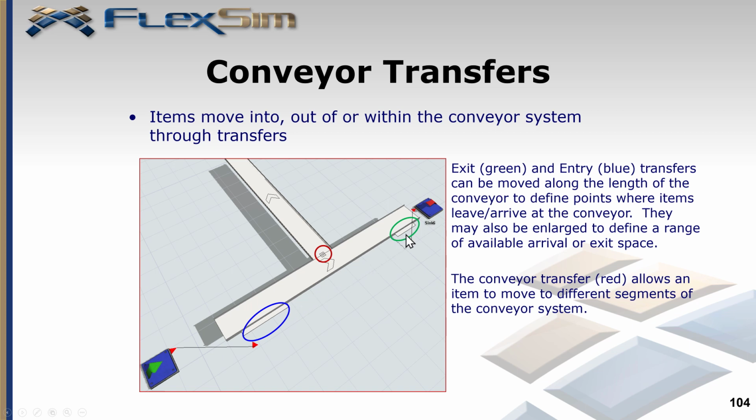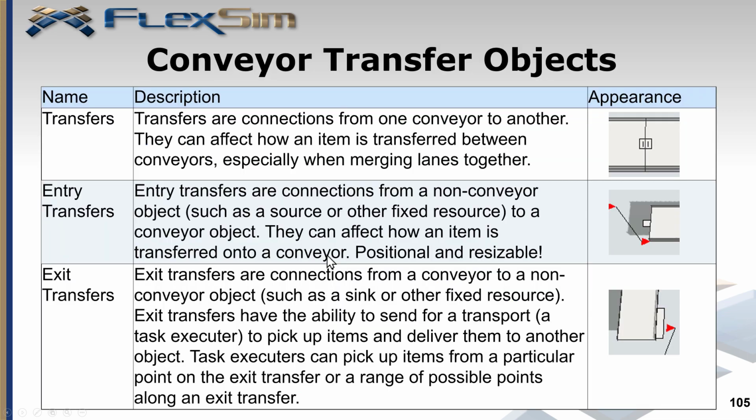And here is an exit transfer, and this is what the conveyor to conveyor transfers look like. So, these are the 3 kinds of conveyor transfer objects described in a little more detail, with the appearance shown on the right.